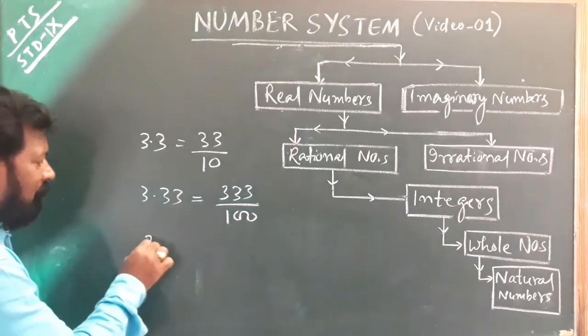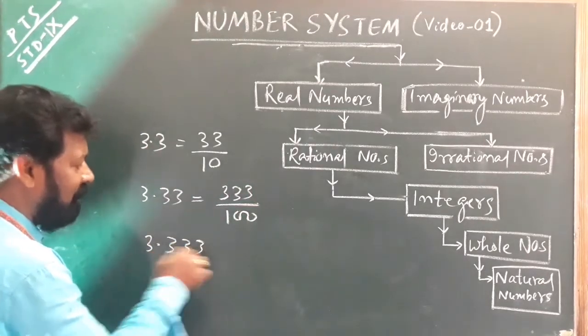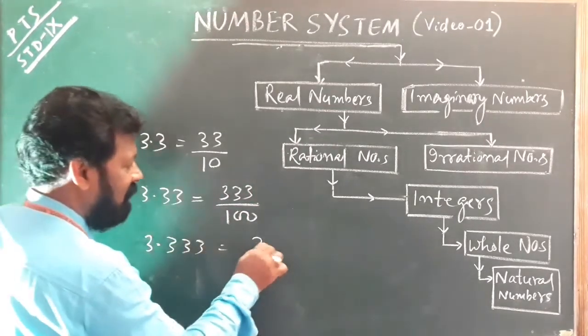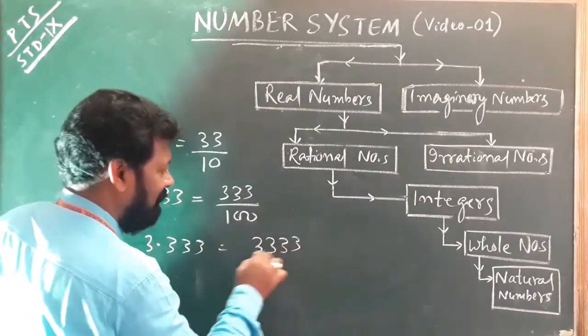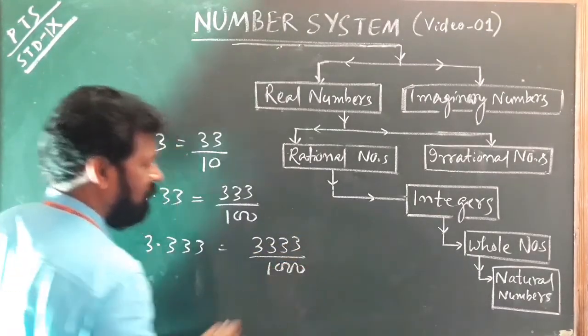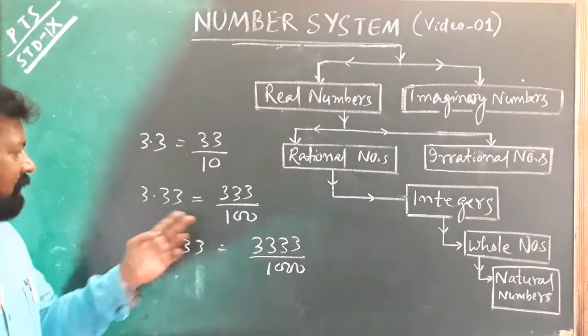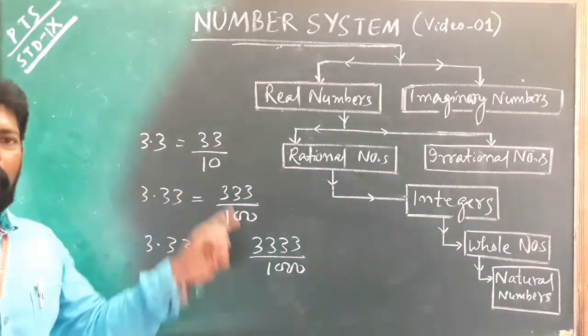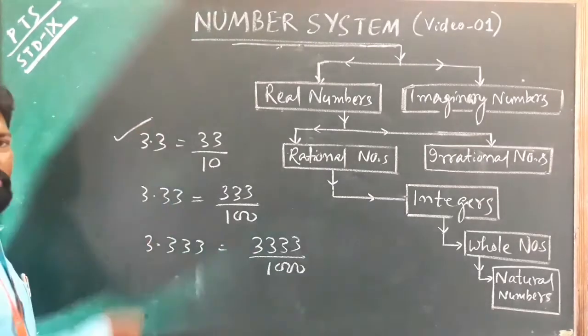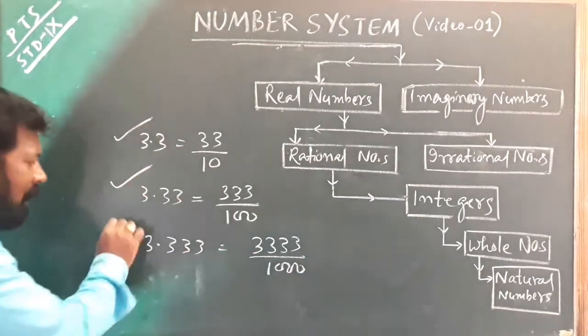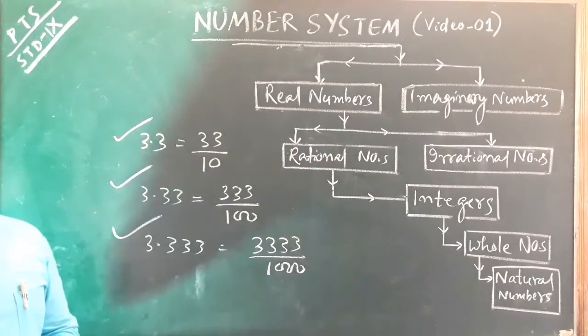And now the third example, 3.333. This can be represented as 3333 by 1000. So you are able to represent 3.3, 3.33 and 3.333 in the form of a fraction. So this is a rational number, this is a rational number, and 3.333 is also a decimal number.